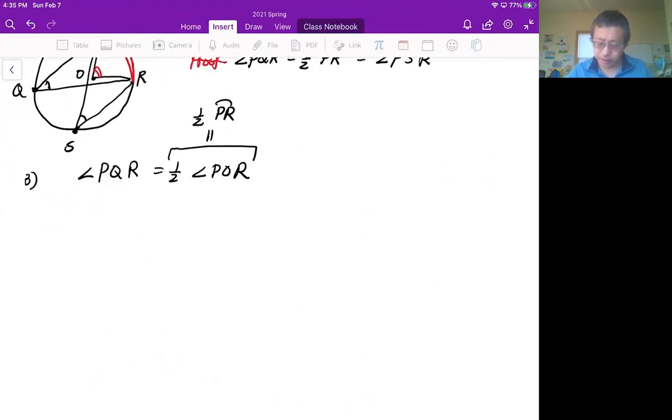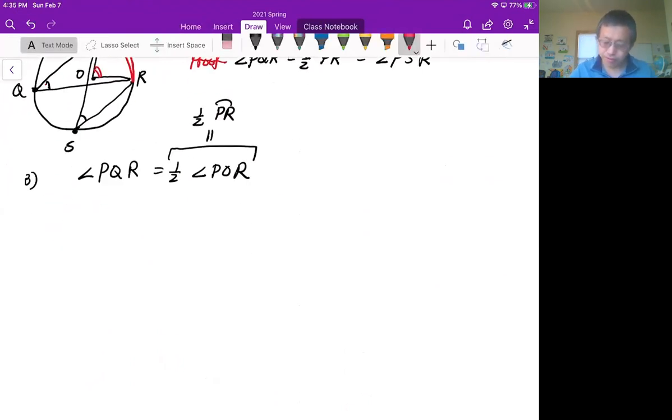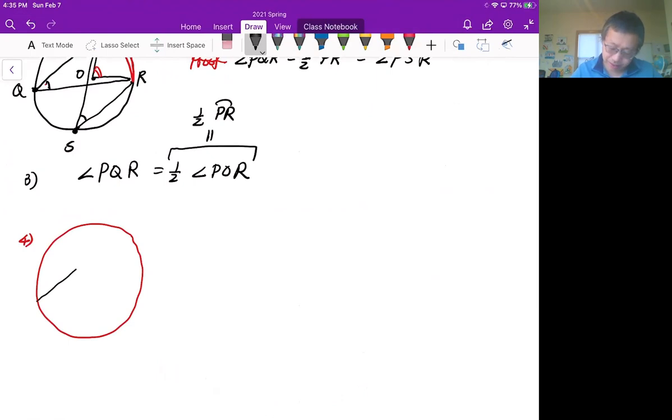So let's see, number 4. Some books call that a theorem. I'm going to call that a corollary because it's actually from the previous theorem. Let's say we have a circle here. Now, what I want is to get the angle inside the circle and figure out how big this angle is.